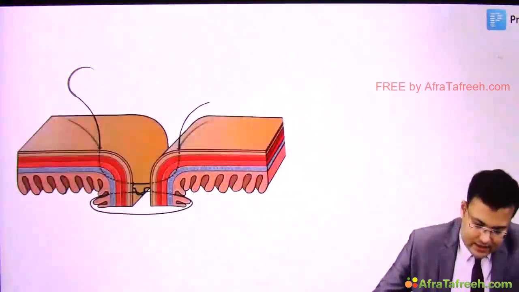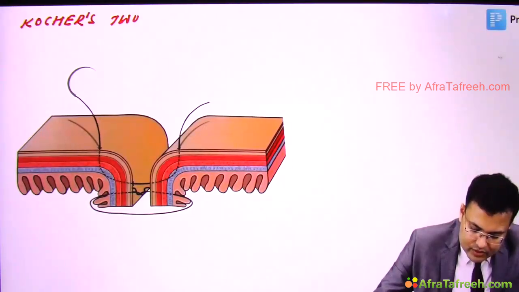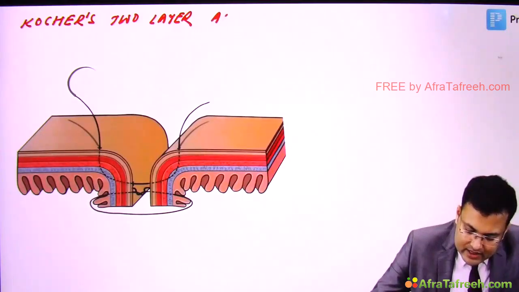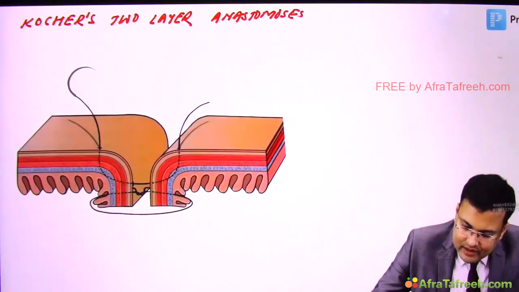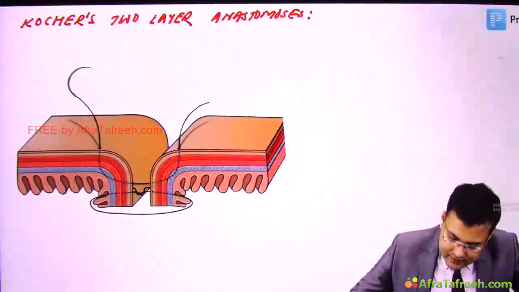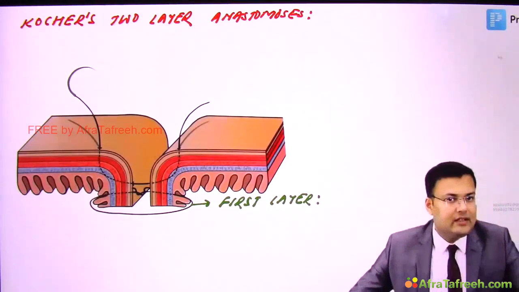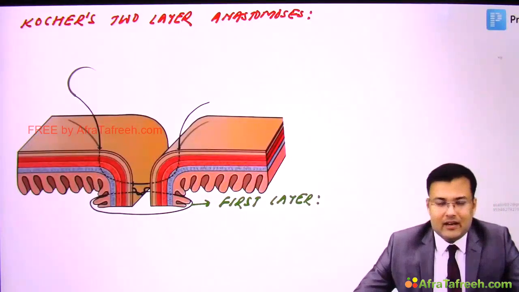Now see this. This is Cocker's two-layer anastomosis. What is the first layer? This is the first layer, and it is known as the Albert layer.